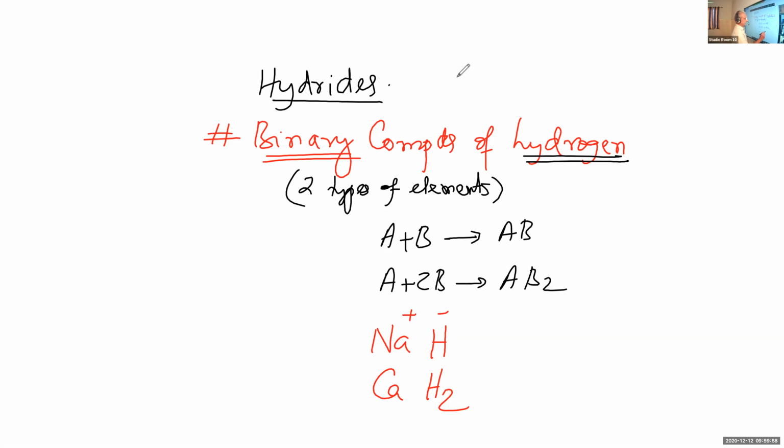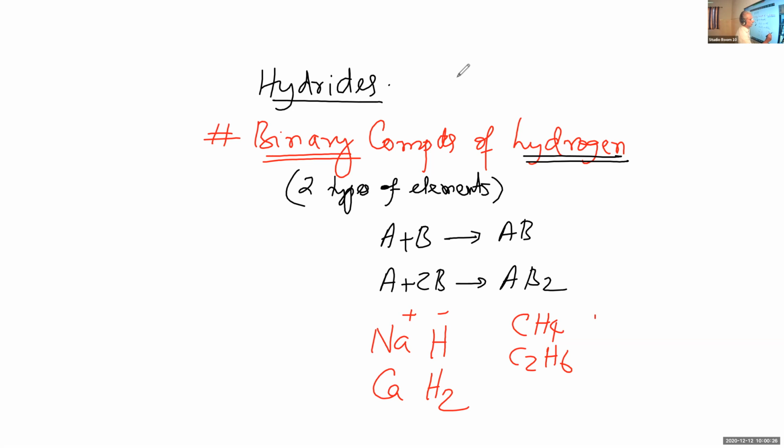Or CH4, methane: one is hydrogen, the other is carbon. Or C2H6, ethane. It's a binary compound of hydrogen because one is hydrogen, the other is carbon. Only two elements are there.